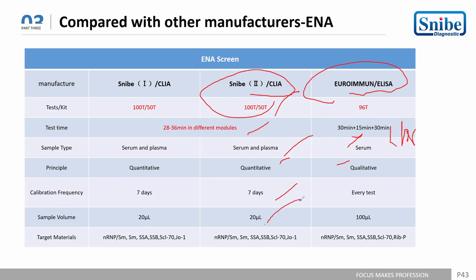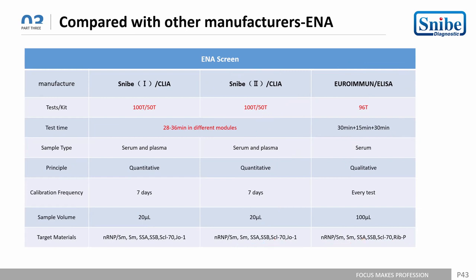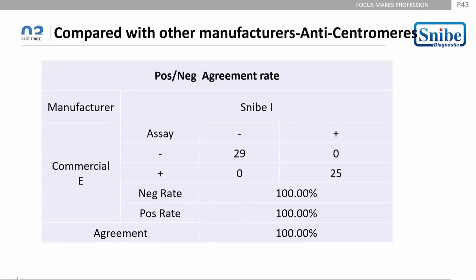Sample volume is low as compared to the ELISA technique, and we detect RNP/Sm, Sm, SSA, SSB, Scl-70, and Jo-1, while the RNP also has 1, 2, 3, 4, 5, and 6. So we have the same number of target materials detected in the ENA profile. We are equally good as compared to Euroimmune, but the comfort of automation gives us an edge as compared to the ELISA-based technique.